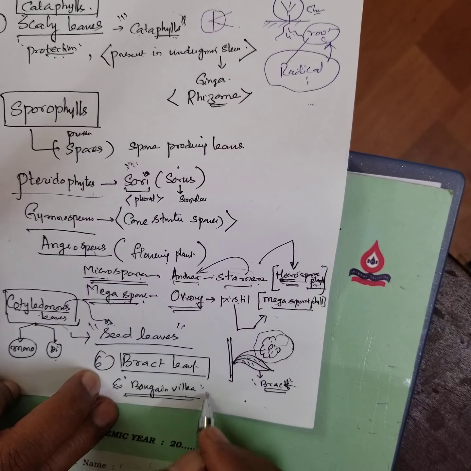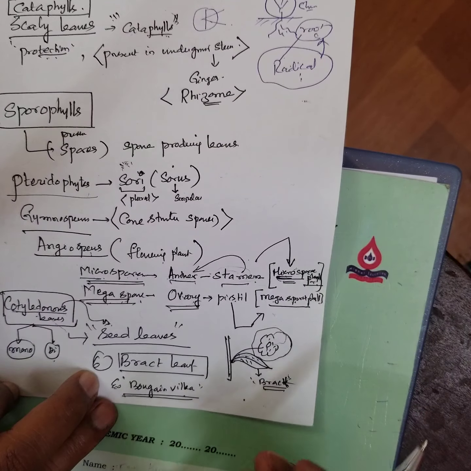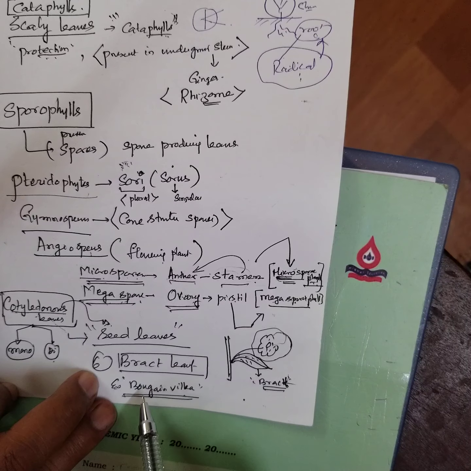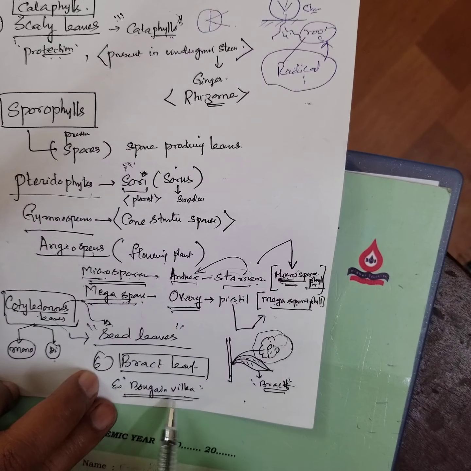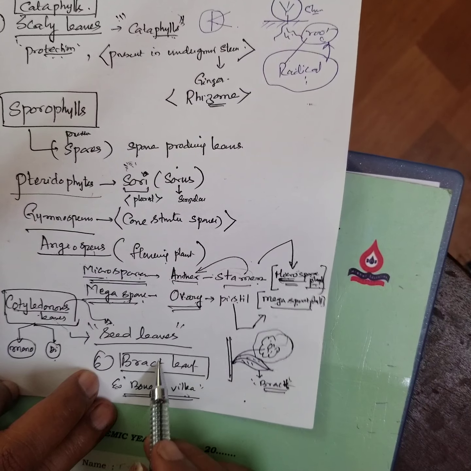Why does it have a special character? In the examination, they'll ask this type of question. Don't give an ordinary or normal example. It will be an objective type. If they give this, immediately you have to mark for bract leaf. Okay.